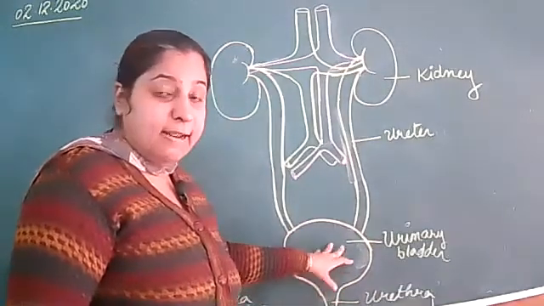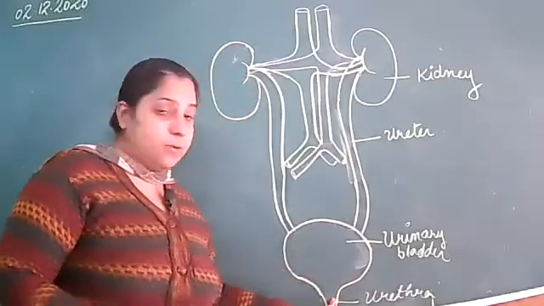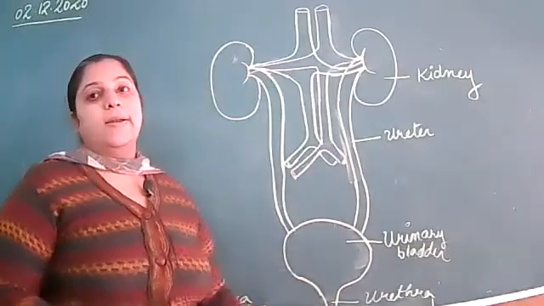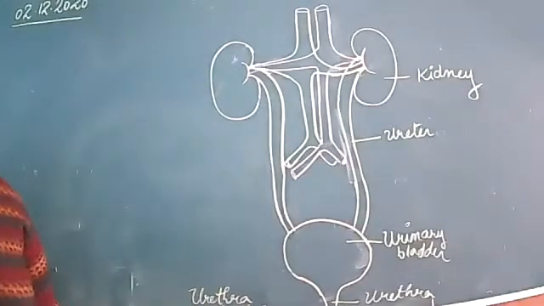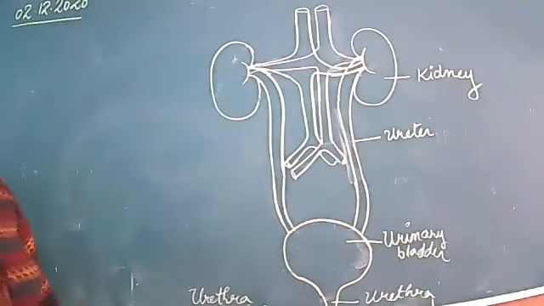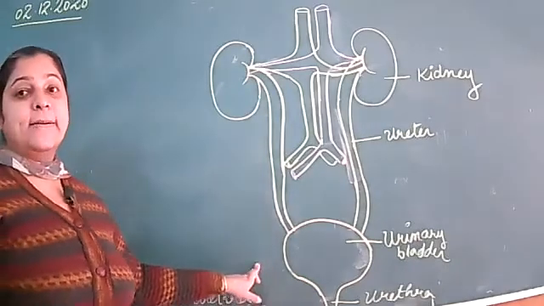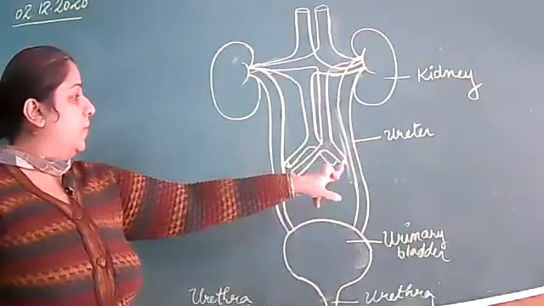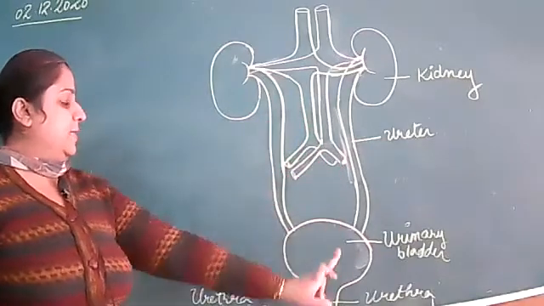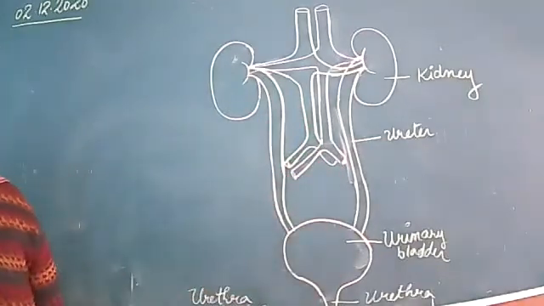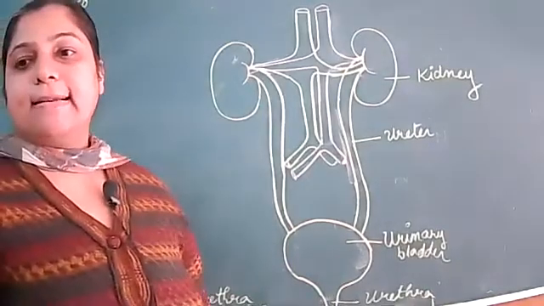When it is filled, it passes out from this urethra through the urethral opening. Clear? Is that clear to you? So, what forms the excretory system? Kidneys, ureter, urinary bladder, and urethra. Is that clear to all?